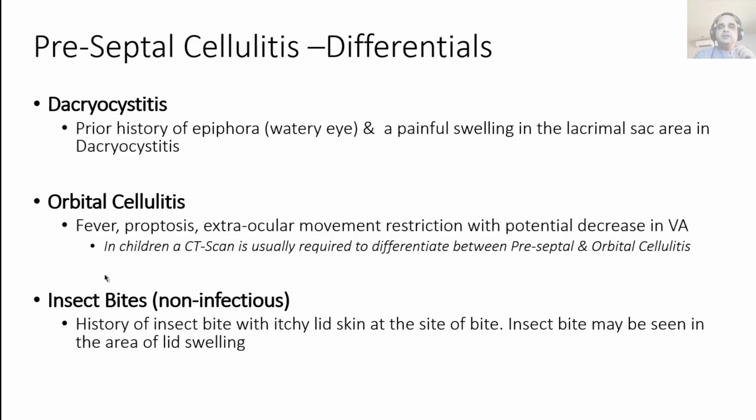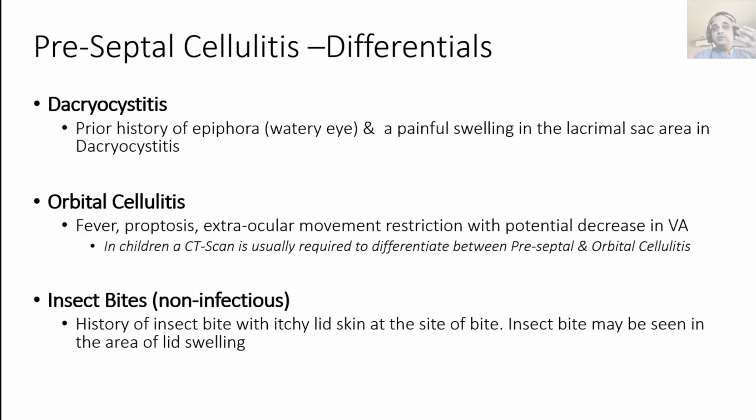The other differential is a non-infectious insect bite, in which you would see a place where the insect has actually stung the patient. You will have a history, and you have a very itchy skin, and in absence of extensive signs of inflammation, there would be a definite lack of the intensity or severity of inflammation that is seen with pre-septal cellulitis as compared to just an insect bite.